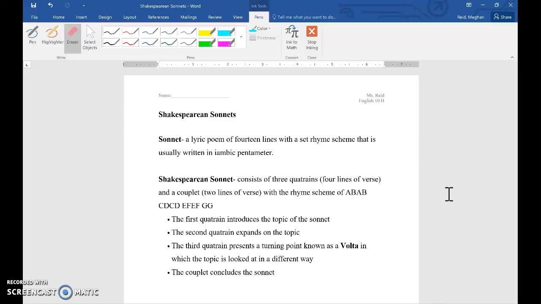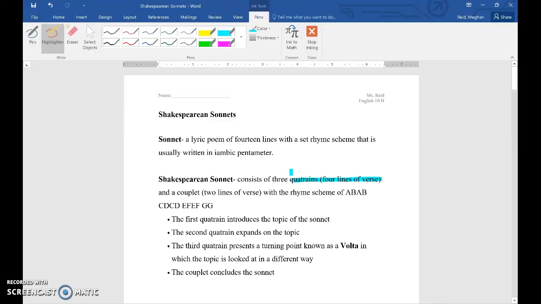So when we're talking about a Shakespearean sonnet, it's actually important to think about the way in which it is structured and set up. And so we're going to be looking at its breakdown. So when we have that Shakespearean sonnet, we are going to have 3 quatrains. Now, a quatrain is a type of stanza, and that stanza has 4 lines of verse.